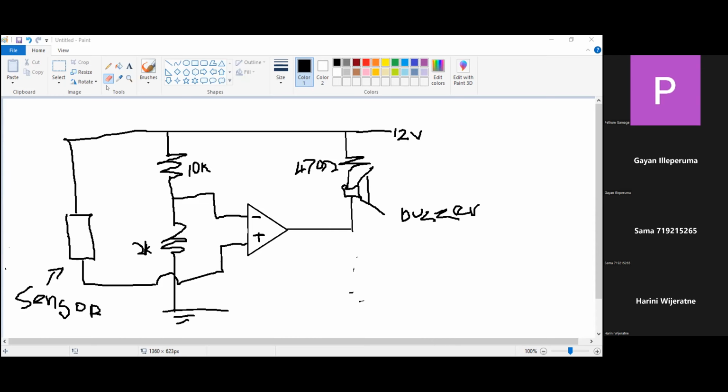Okay, sir. Sama, can you kindly explain how your circuit works? For example, what will be the voltage at the inverting input?